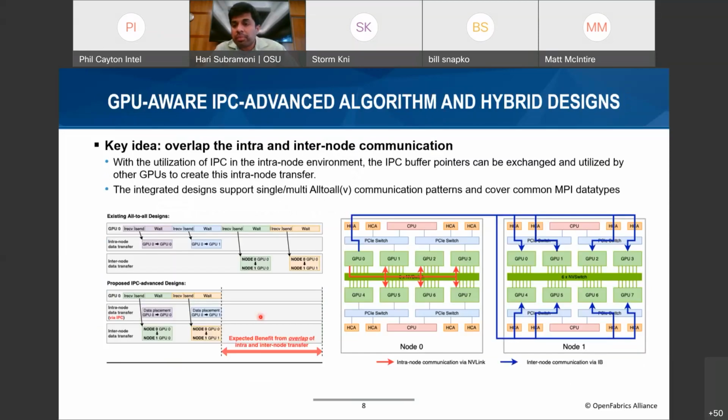So, I think Moshe had a question about why we are not using GDR. Yes, we can definitely use GDR, but we were trying to design this solution for a wide range of systems. Depending on the relative location of the GPU and the HCA, GDR may not be applicable on all possible systems. If you have a system like a DGX2, then yes, you can definitely use GPUDirect RDMA to move the data.